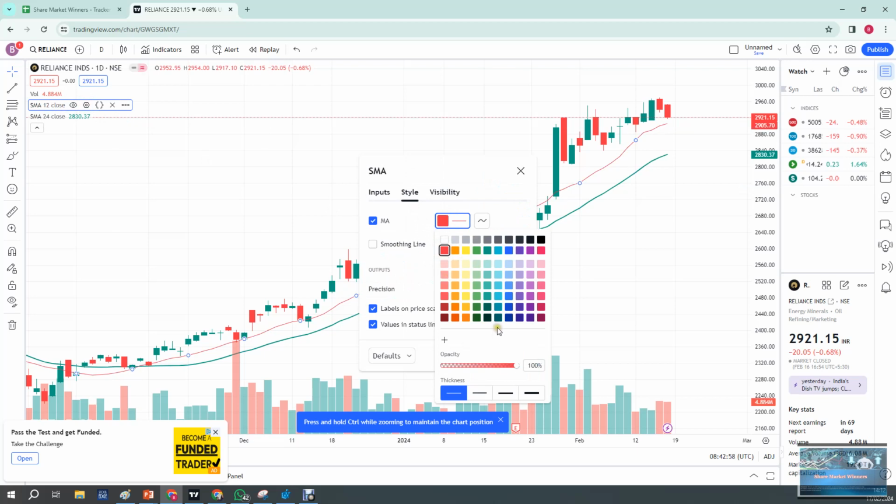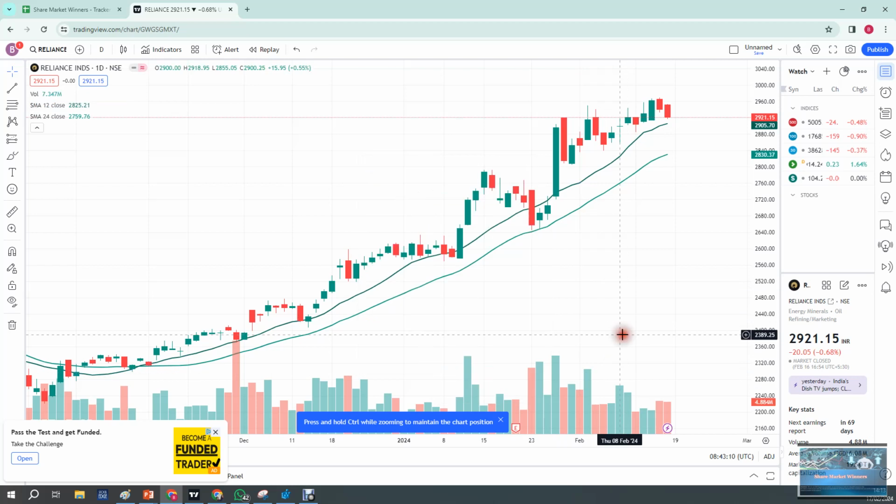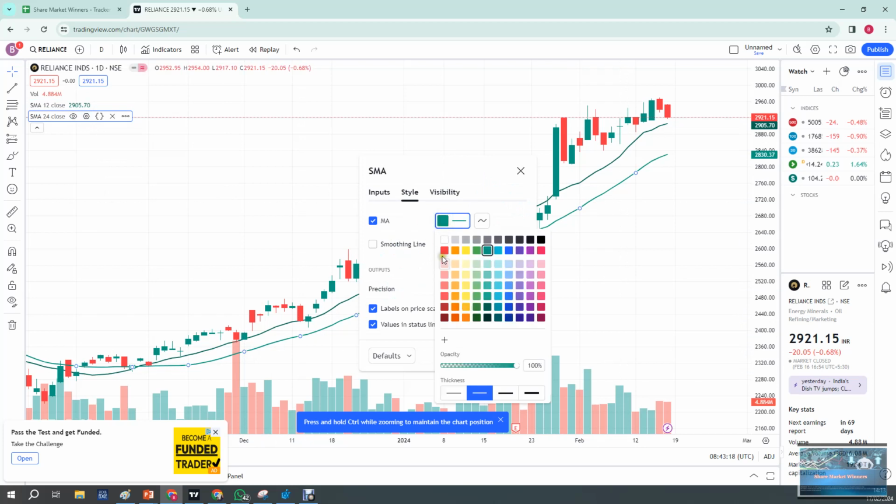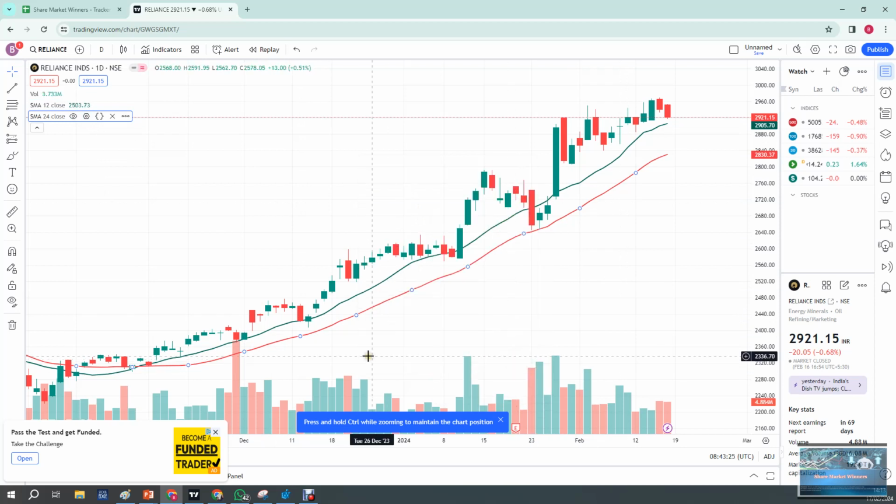Either way you can change it, but the shorter time frame is given the green color, and the 24, which is the longer time period, you can select any color. But normally I prefer to use red and green so that it gives an indication of what will be the best choice of use.